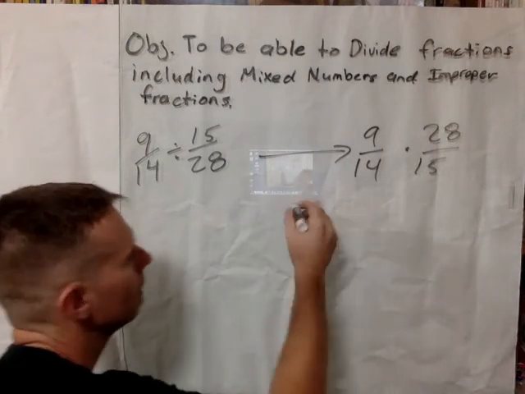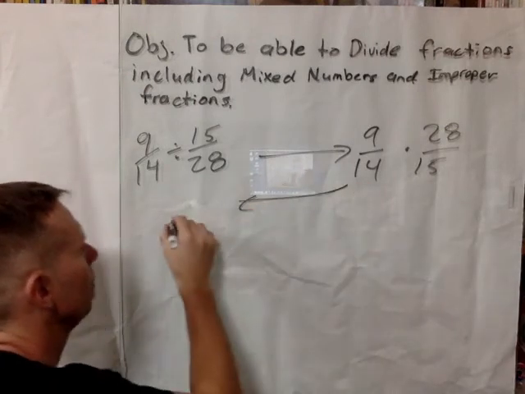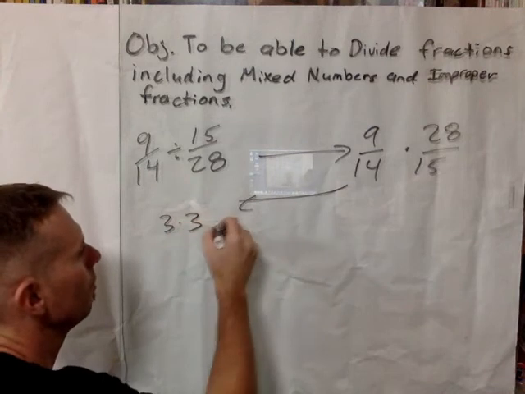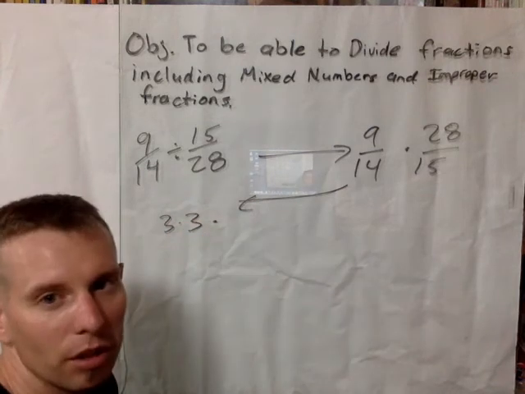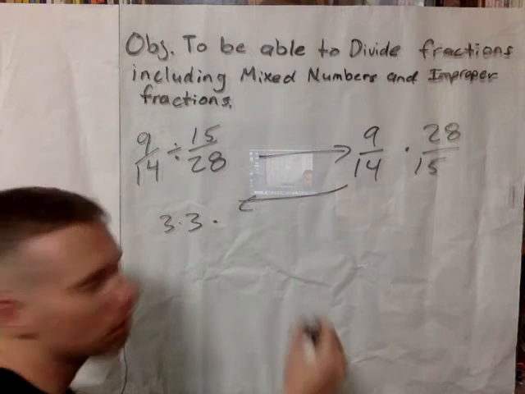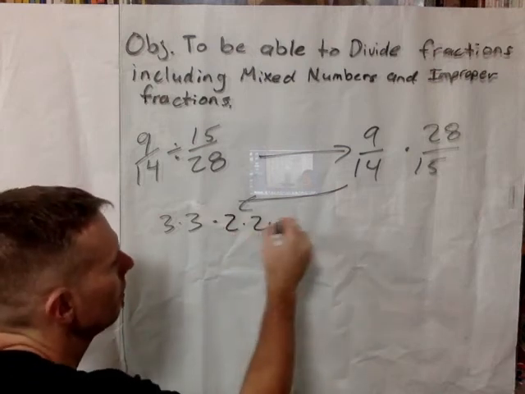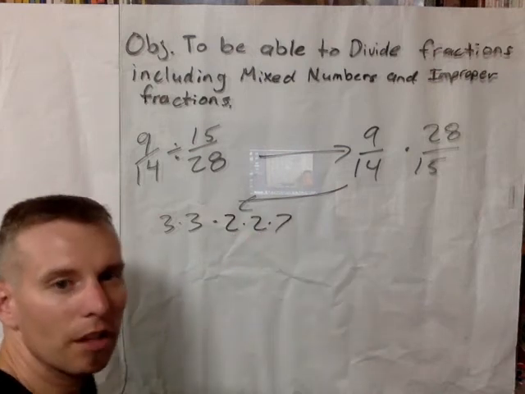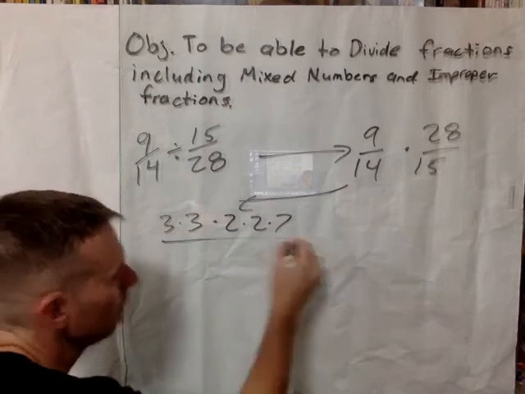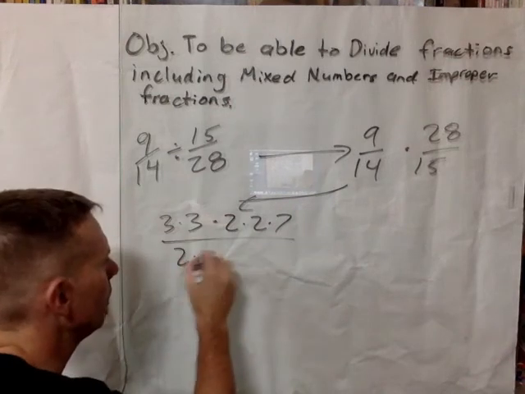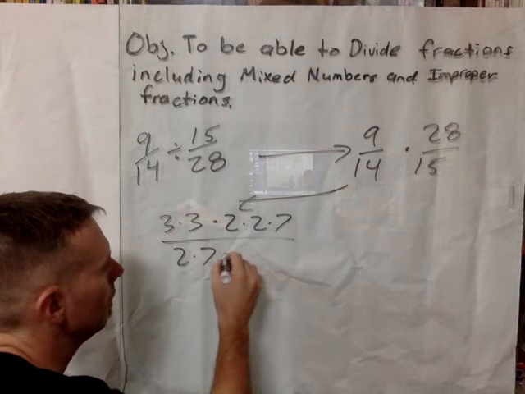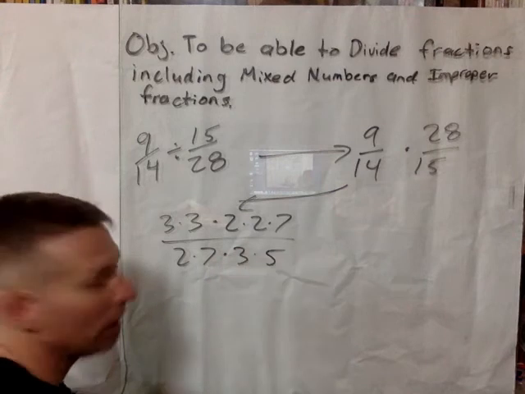If we factor this 9 to be 3 times 3 and the 28, we could do 4 times 7, or let's just do 2 times 2 times 7. That's prime factorization. Okay, and then on the bottom we will have 2 times 7 times 3 times 5.